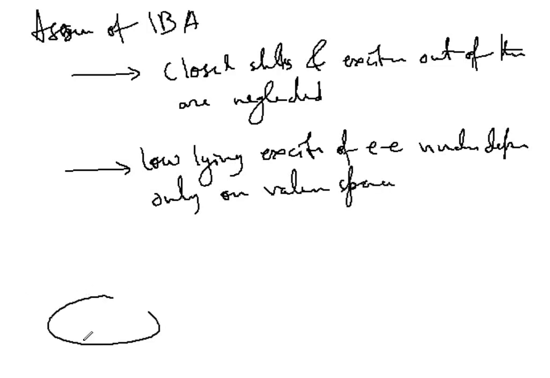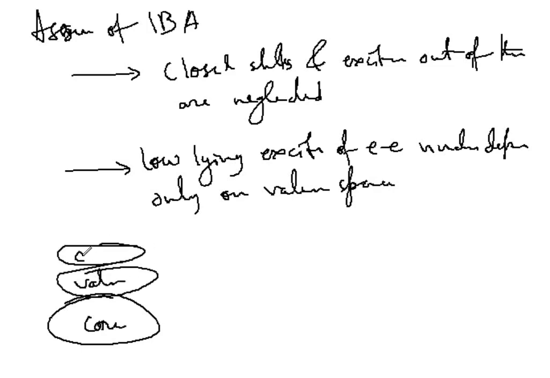So see, we have basically the inert core, then the valency space, then the empty space. Remember, what I am saying is that the closed shells and core don't take part, number one. Number two, whatever is there is because of just the valency space only, and the effect of the empty space and the core space is not there. So this is what I mean to say.